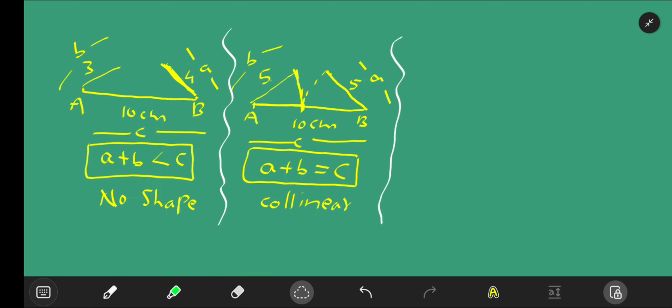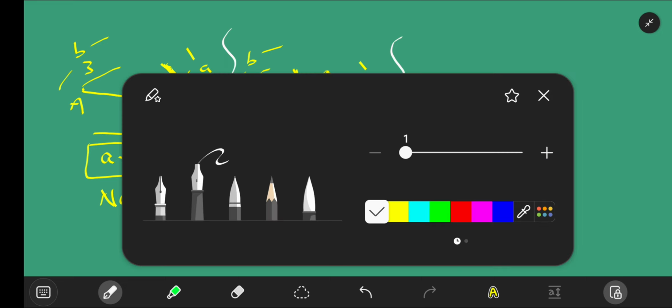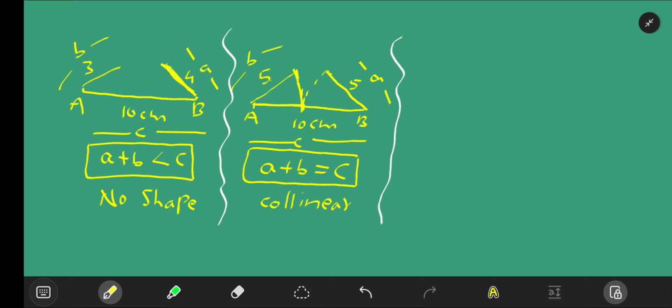Okay, suppose I am taking the same length of line AB of 10 centimeters. This is the line AB of 10 centimeters.